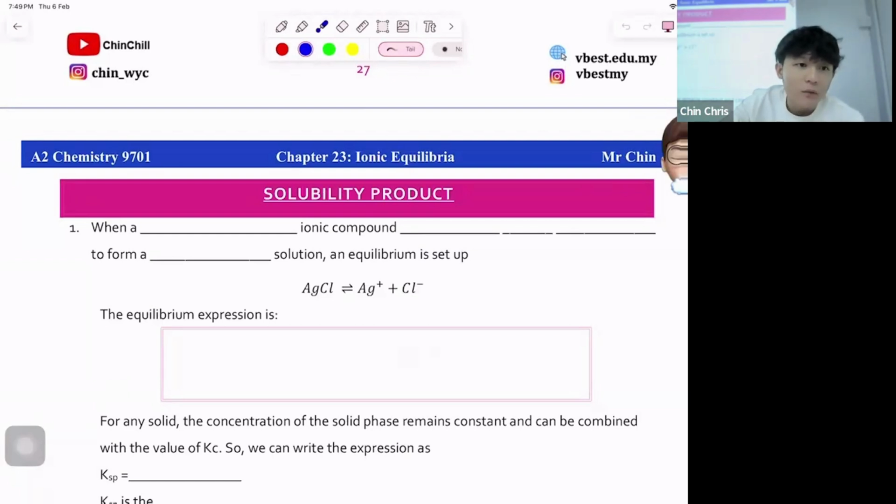Let's go. Chapter 23, no problem. All right, guys, right now, let's look at our solubility.